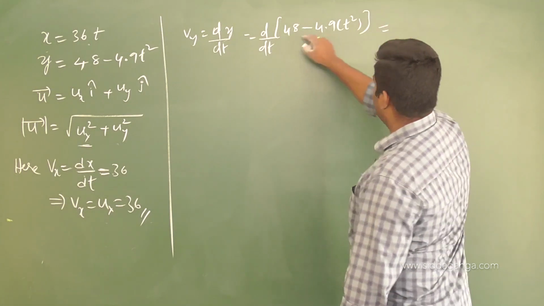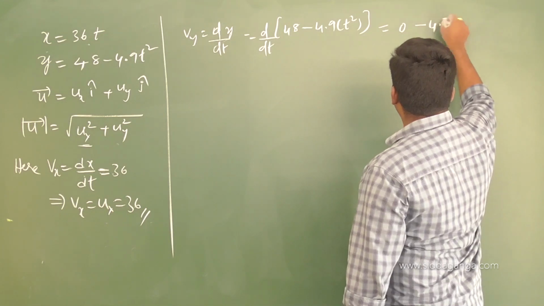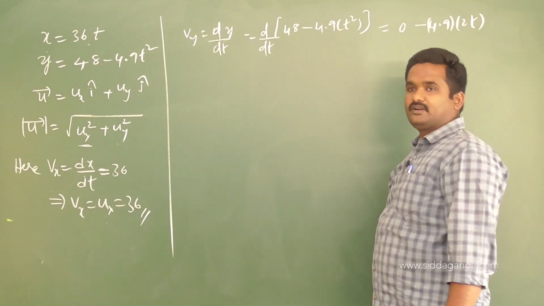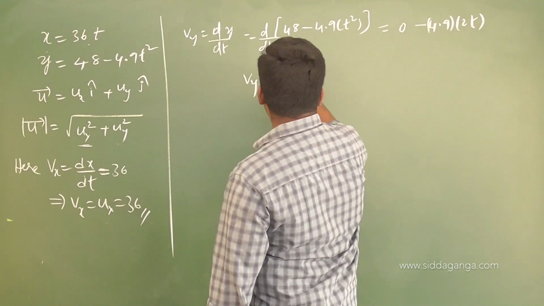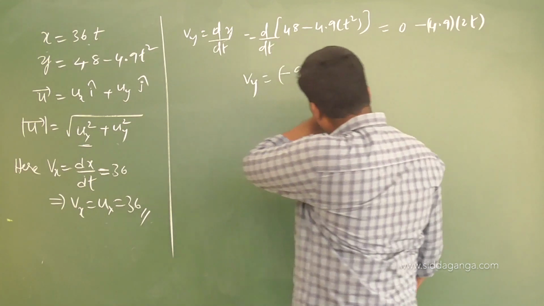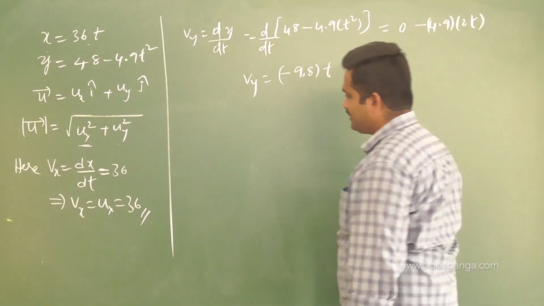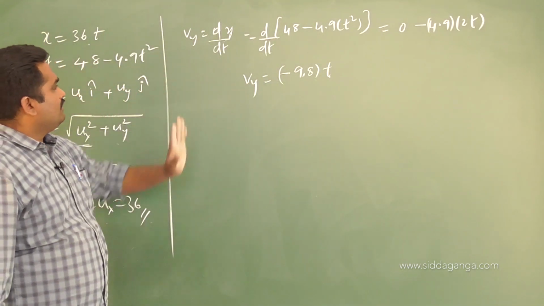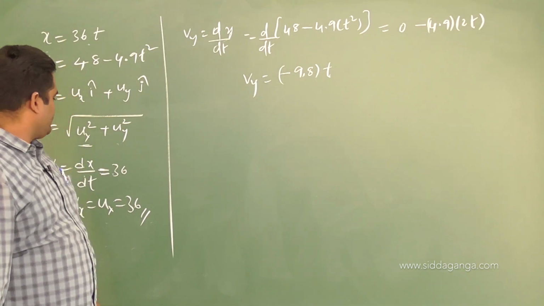Upon differentiation of this, we get differentiation of 48 is 0, minus 4.9 into 2t, you know this, or minus 9.8 into t you will get. Vy equals minus 9.8 into t.